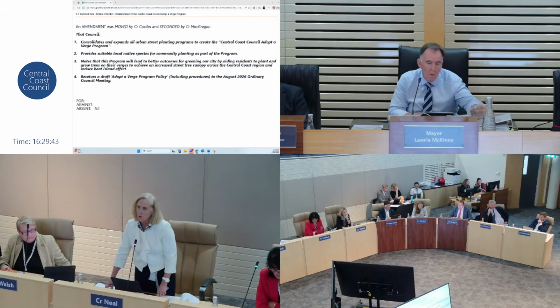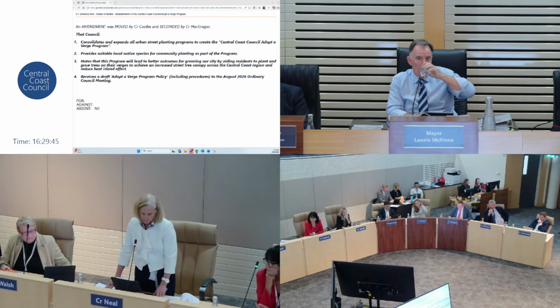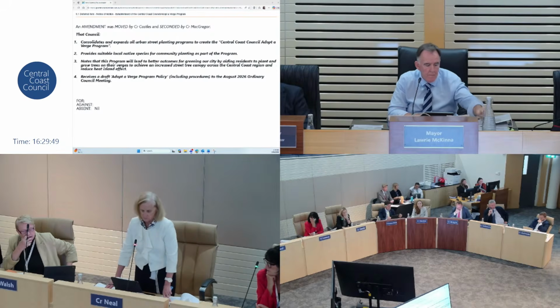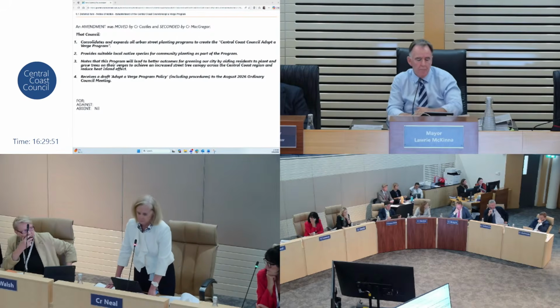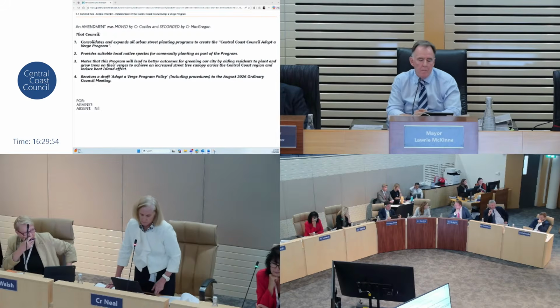To take away this small amount of money and provide planting for the whole of the Central Coast is really an act of vandalism. And I think it shows a cynicism and a lack of care for the community on the Central Coast that I find, frankly, quite astonishing.